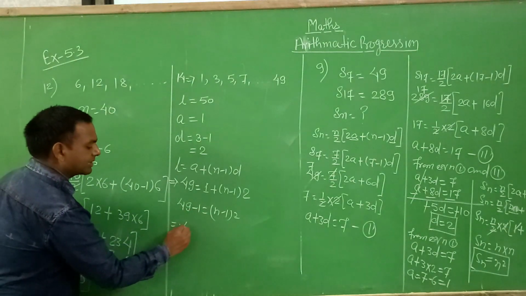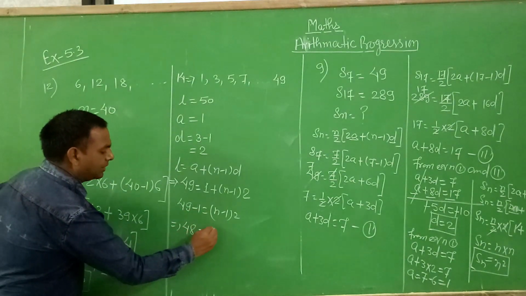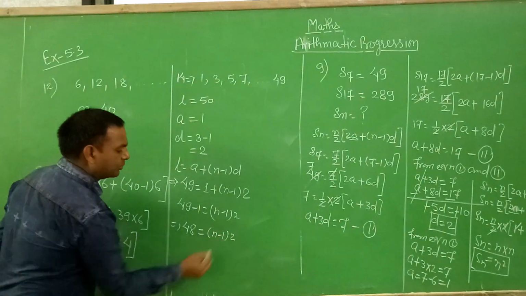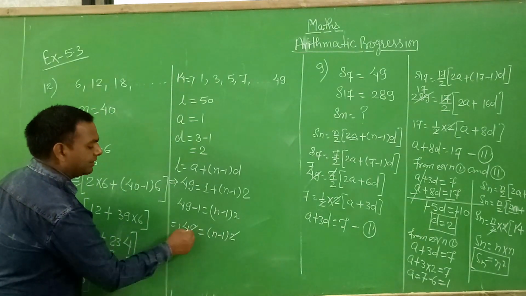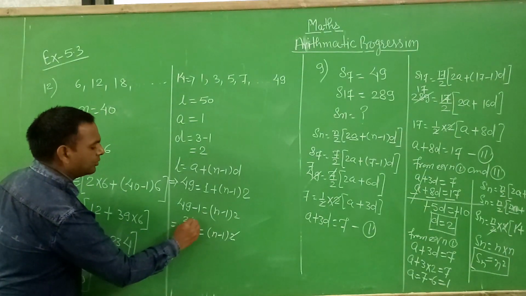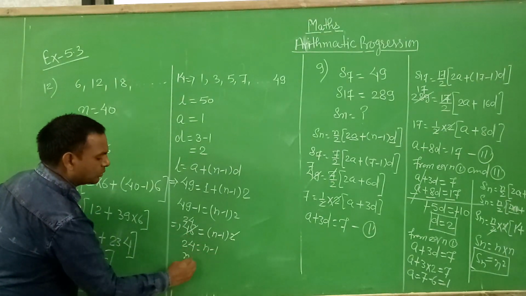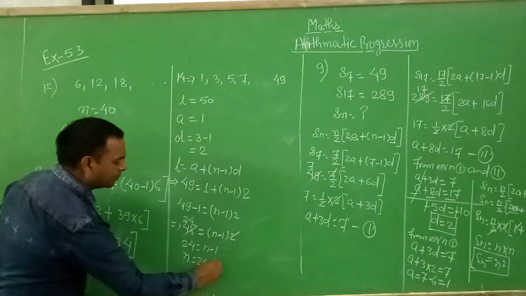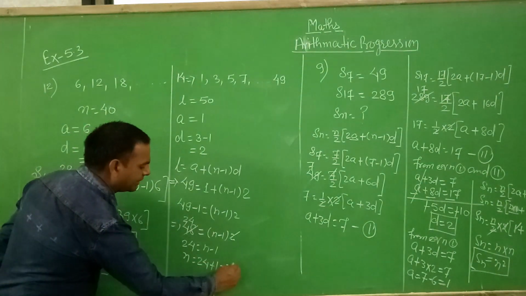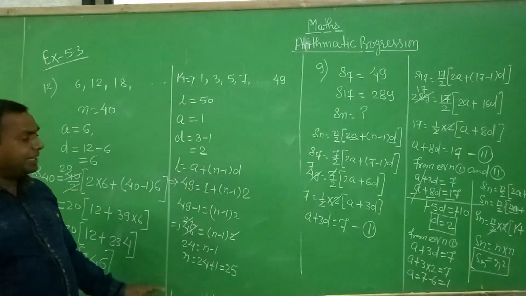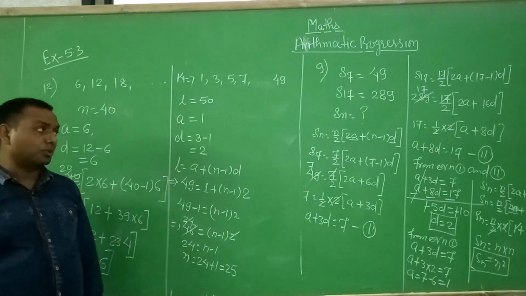Dividing 48 by 2, 2 twos are 4 and 2 fours are 8, gives 24, equal to n minus 1. So n is equal to 24 plus 1, which is 25. The number of terms is 25.